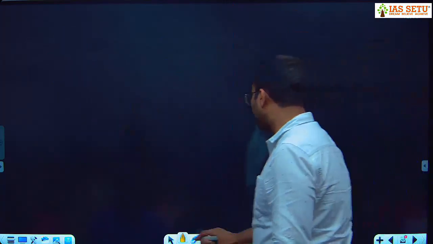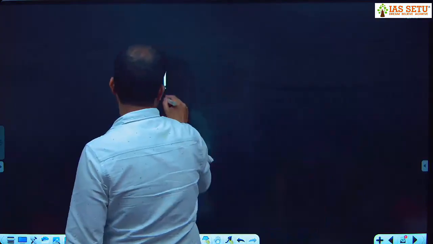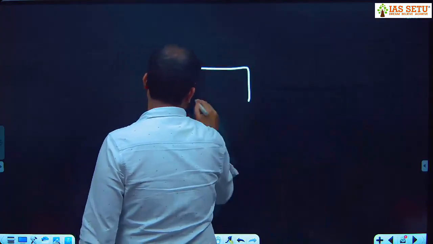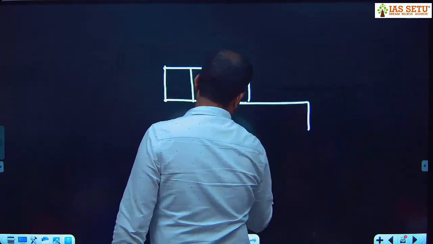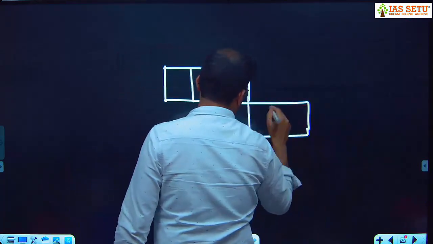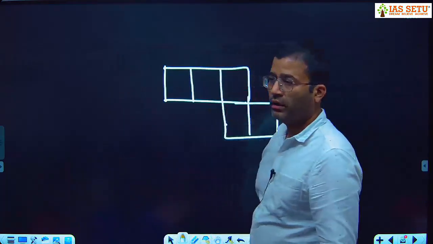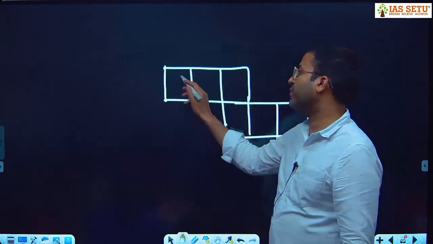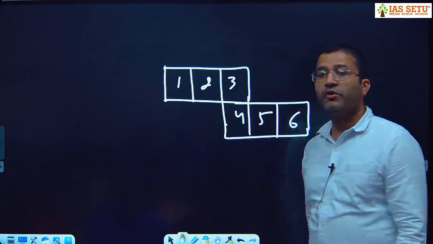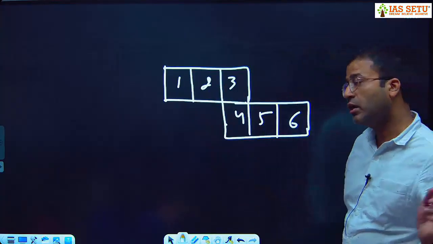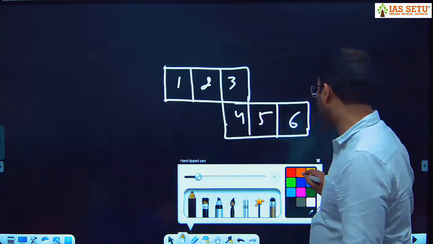Similarly, it can be 2 rows like this. Here also it is possible. If I put like here 1, 2, 3, 4, 5, 6. First we use our type 1: alternate faces in a row are always opposite.